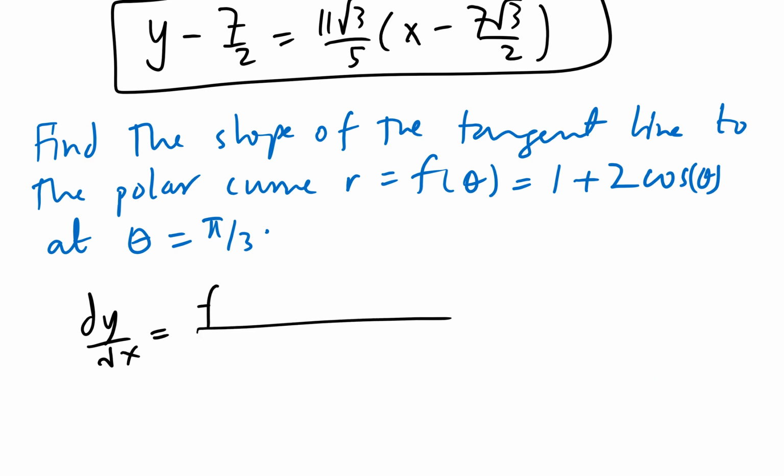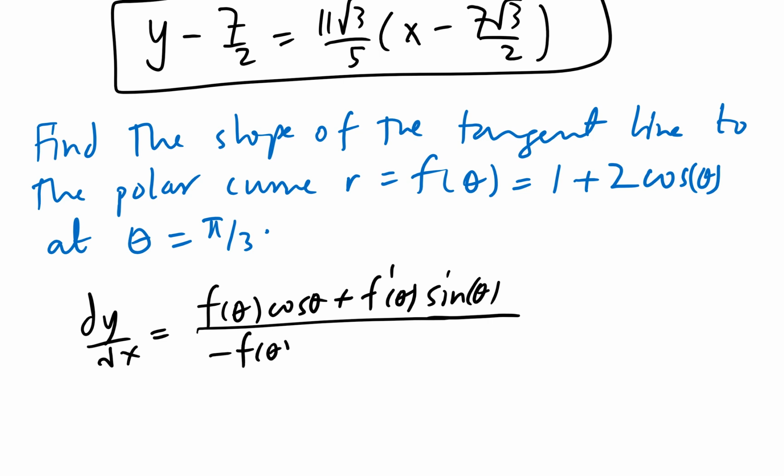It was f of theta cosine theta plus f prime of theta sine theta, divided by negative f of theta sine theta plus f prime of theta cosine theta.